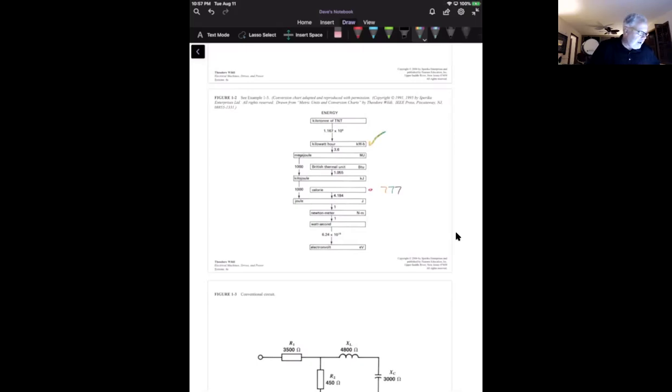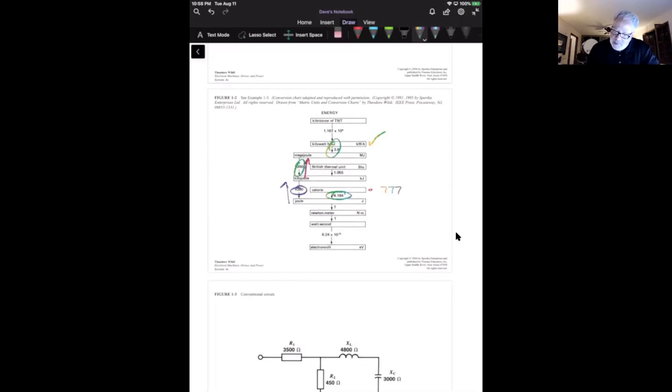Well, I'm going to take 777 and multiply it by 4.184. I'm going to divide that by 1,000. I'm going to take that number and divide it by 1,000 to get to here. And then I'll take that answer and divide it by 3.6, and that will end up as kilowatt hours.